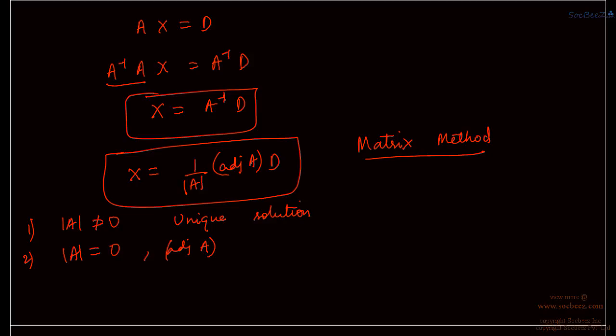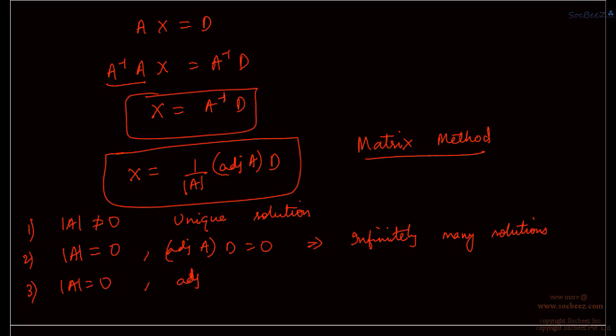Now in the case that the determinant is 0 and at the same time adjoint of A into D is also 0, right? So you see that the numerator, adjoint A into D, is also a null matrix, and at the same time you are dividing it with 0. In this case you have infinitely many solutions. Right? But both of these conditions are known as consistent solutions.